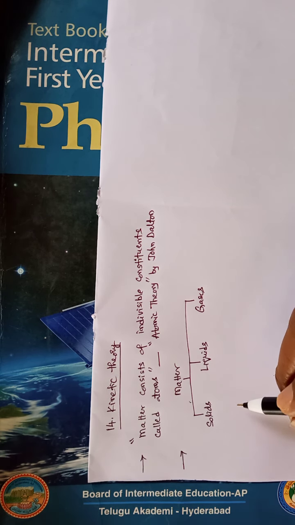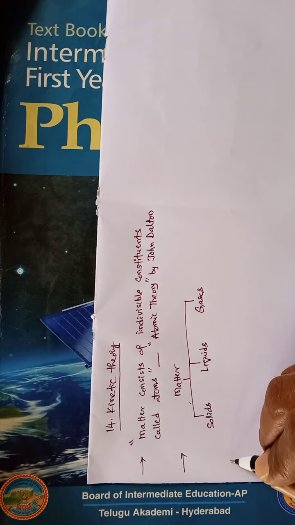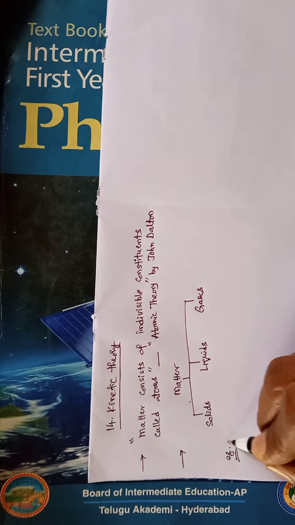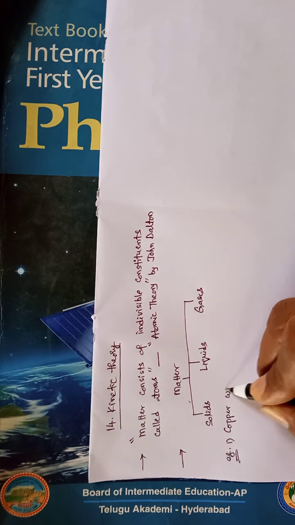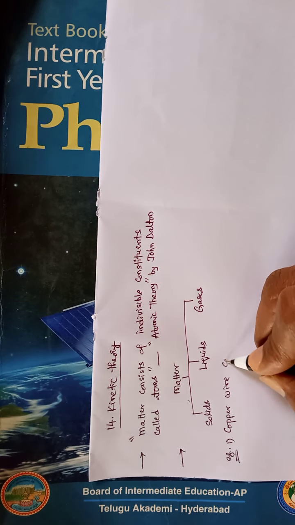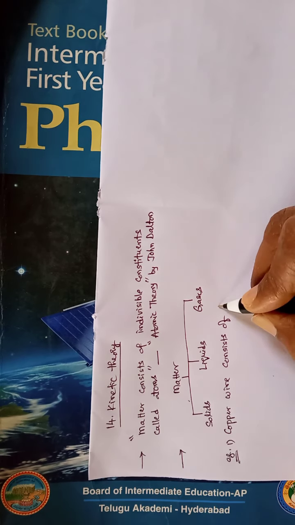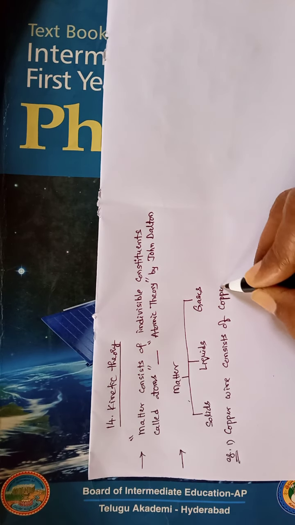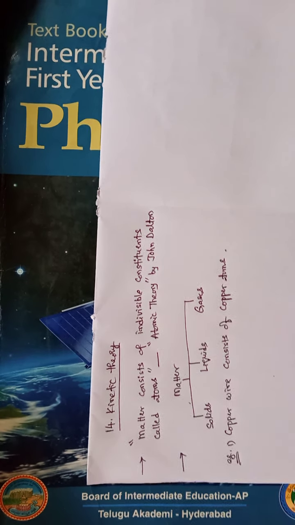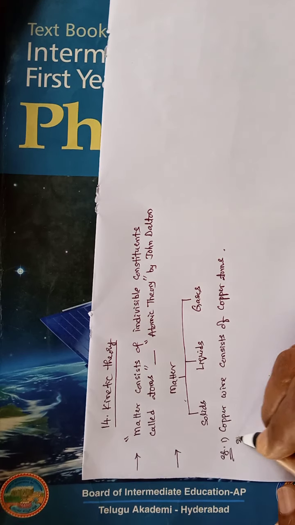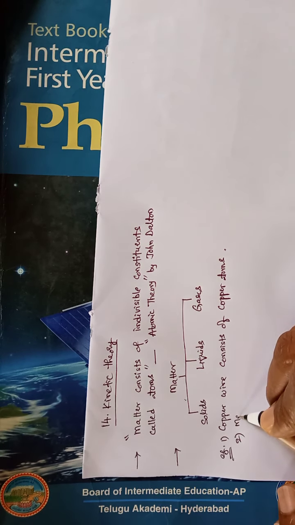As a solid, we can have an example: copper wire. Copper wire consists of copper atoms. From liquids, let us take one example: mercury.